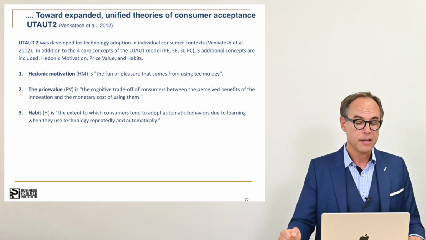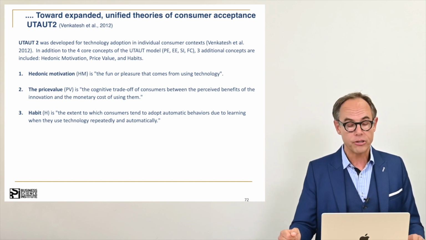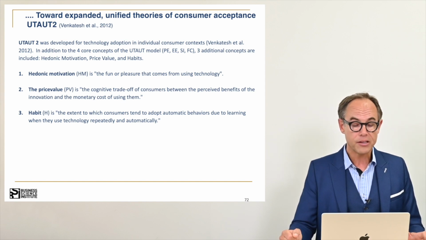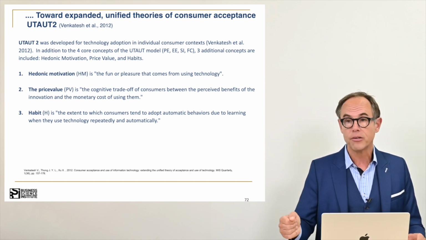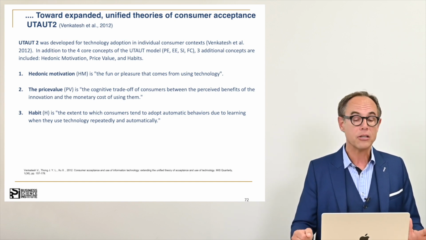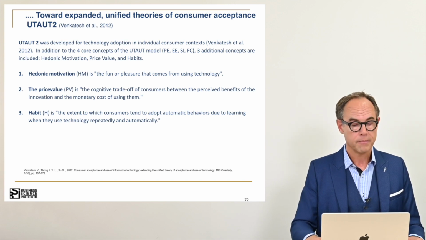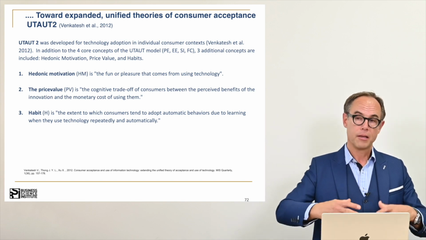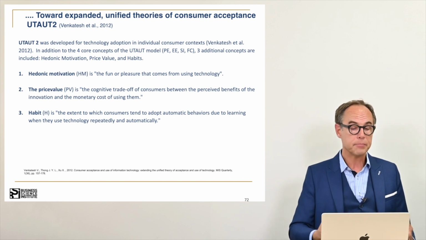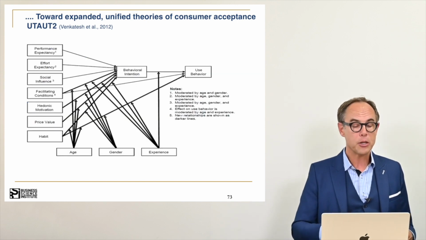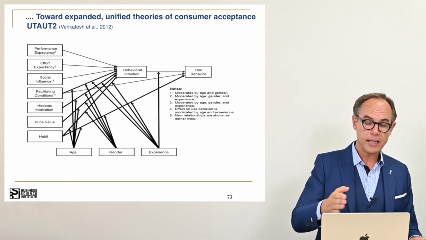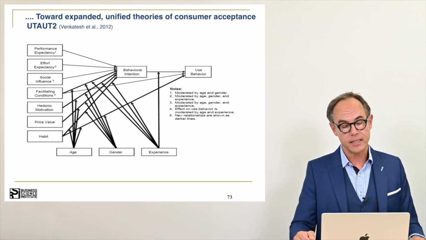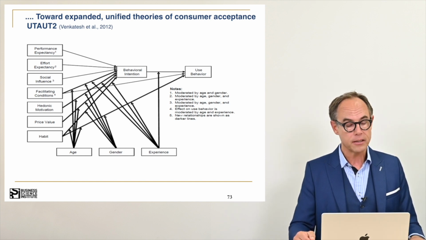And habits, the extent to which consumers tend to adopt automatic behaviors due to learning effects when they use technologies repeatedly and automatically. And here's the model. So it's like the UTAUT 1, but enhanced through hedonic motivation, price value, and habits. And again, we have the moderator variables that might amplify or decrease the impact, namely age, gender, and user experience.